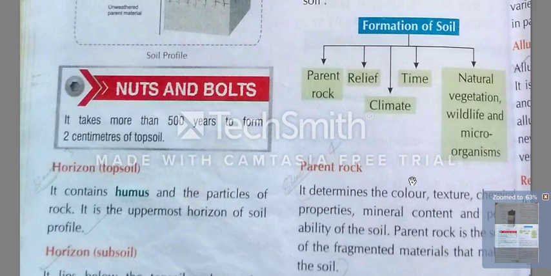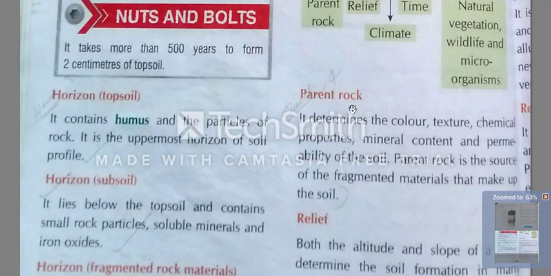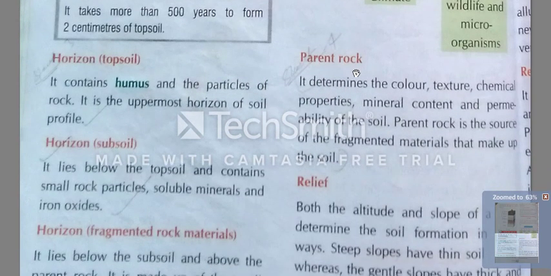These all play a very important role and affect the formation of soil. First we will see parent rock. It determines the color, texture, chemical properties, minerals content, and permeability of the soil.